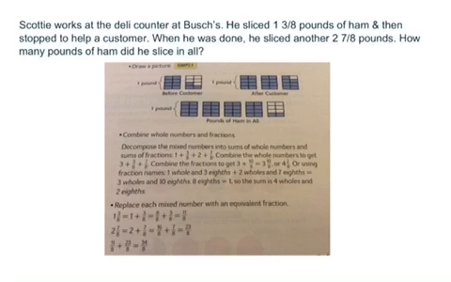And here we go. So I could draw a picture in order to solve this. Here's the amount that he did before the customer. I turned the 1 whole into eighths because I know I want to be in eighths because it's 1 3/8. So that puts me all at eighths.